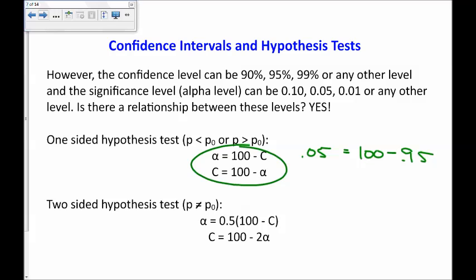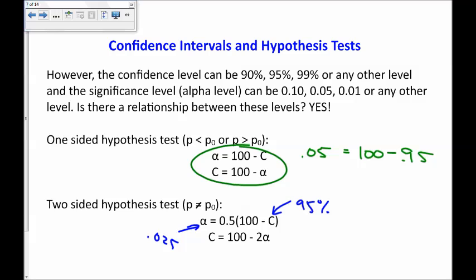A two-sided hypothesis test is a little bit trickier because you have the extra side to deal with, and that's the same as an alpha level of 0.05 times 100 minus the confidence level. So if the confidence level is a 95% confidence level, then that would be the same as alpha equaling 0.025.